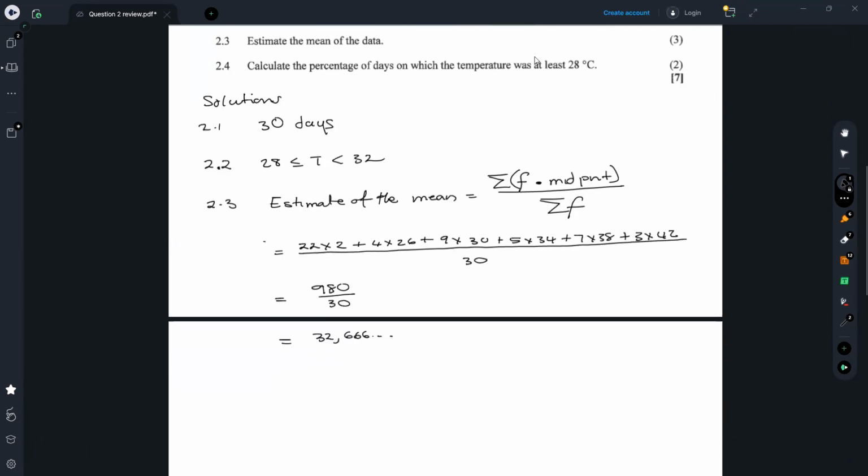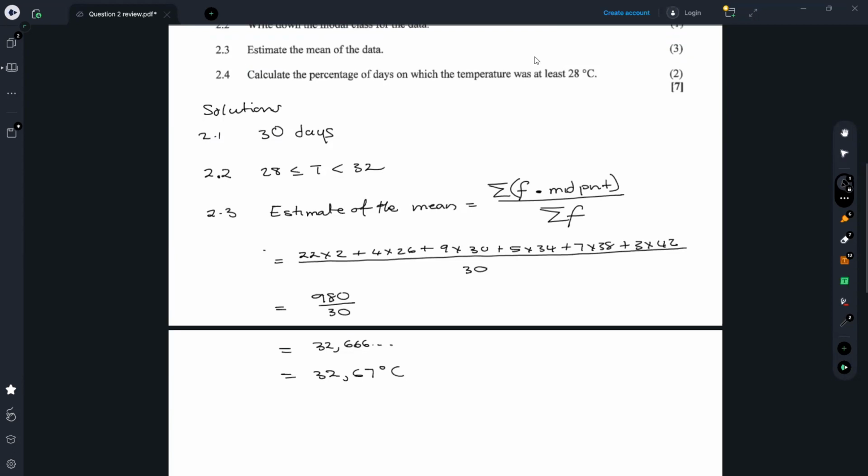So we're going to just cut it off and round off our answer, which will give us 32,67, and you have the units there, which would be degrees. So the estimate of the mean in this case would be 32,67 degrees like that. Okay.